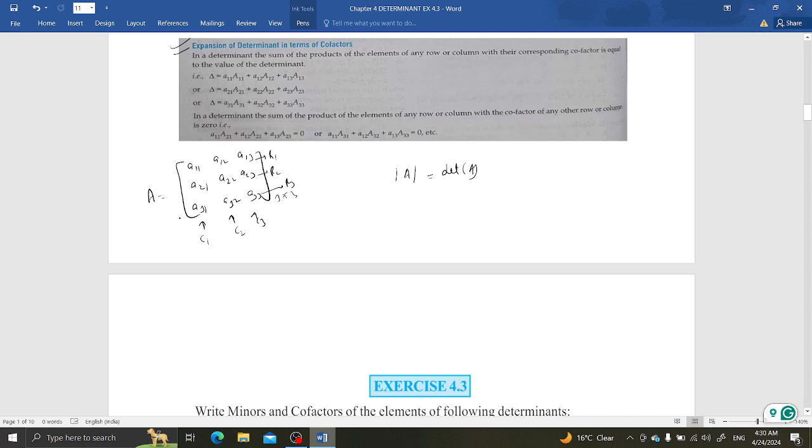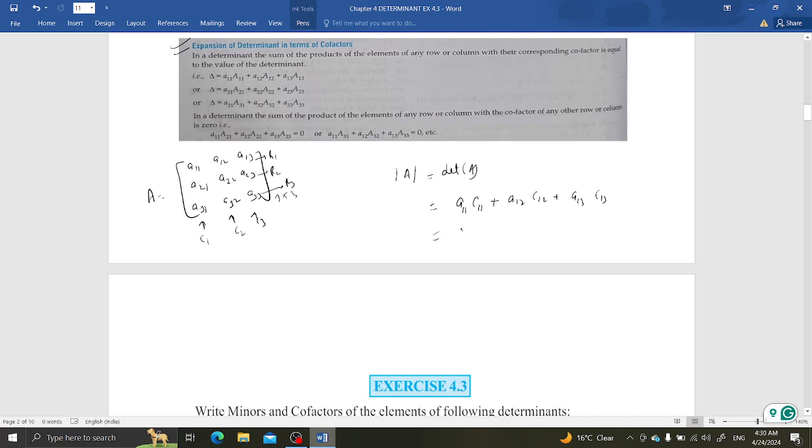This determinant, for a given matrix, we can expand along the first row, second row or third row, or the first column, second column or third column, and the value of the determinant remains unchanged. Along the first row, you take the element A11 multiplied by its cofactor C11, then add A12 with cofactor C12, and A13 with cofactor C13. That is the value of the determinant A along R1.